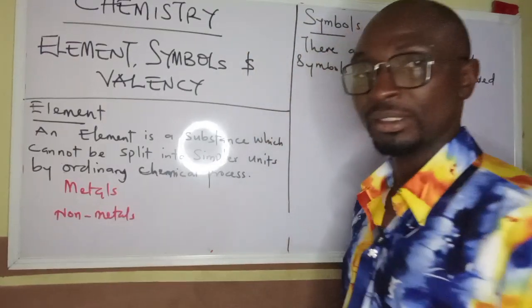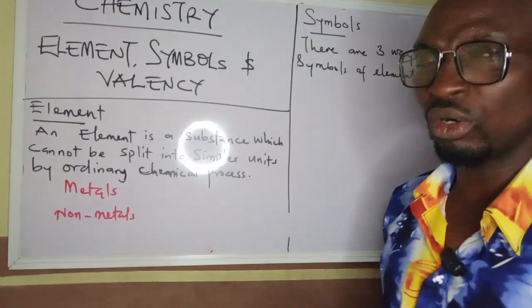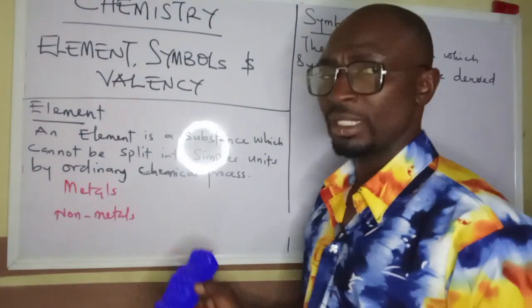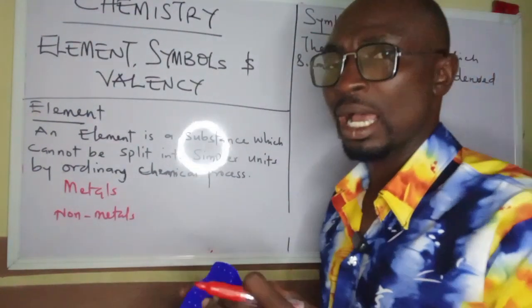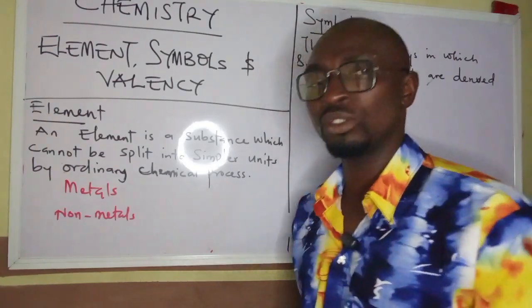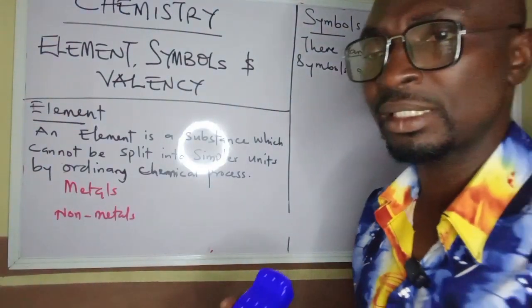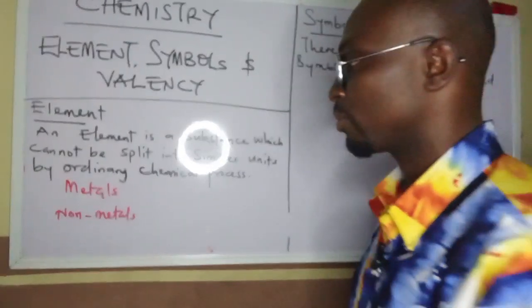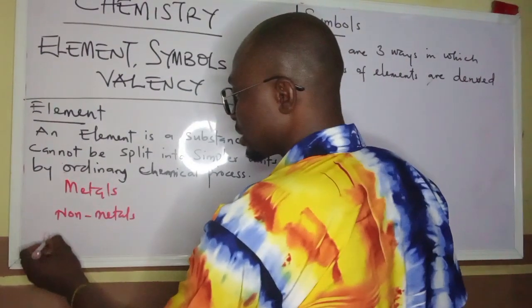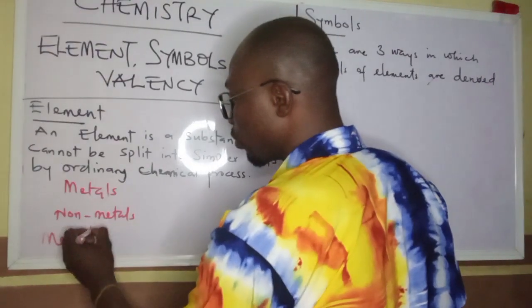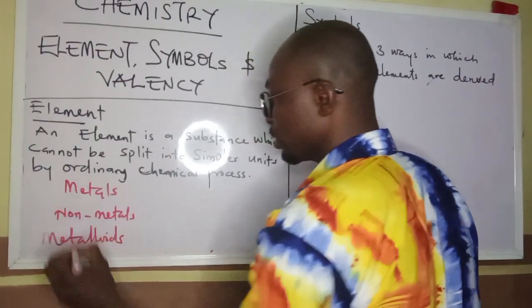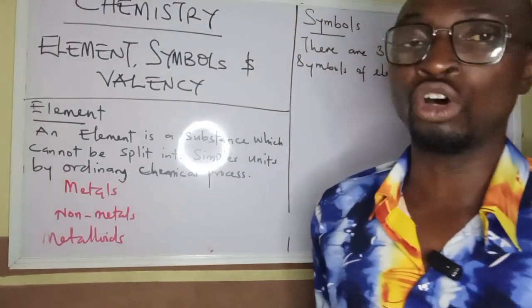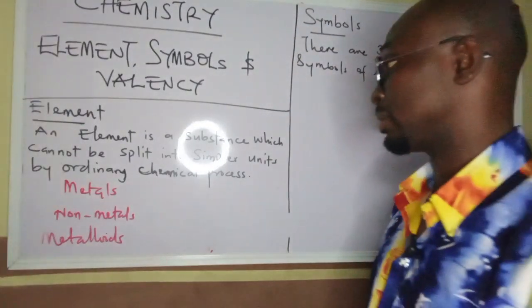Although there is a particular class of elements in chemistry that are in between metals and non-metals. Those elements exhibit both metallic property and non-metallic property, and these elements are classified under what we know as metalloids.